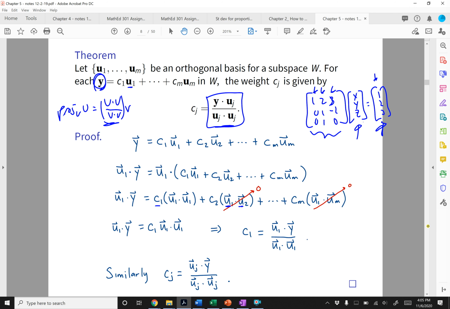It's just a number on both sides, and so you just end up with what we have up there, the formula for each coefficient. So it is the projection. And that works for any of the c's.